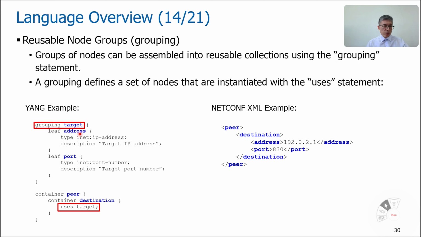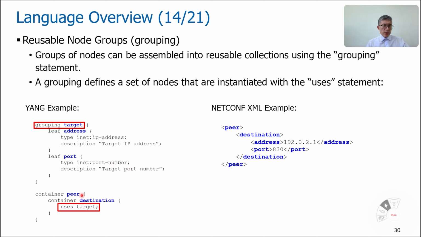Here, address is of type inet:ip-address. inet is a module, so we can use this one. And the actual leaf uses inet. Also, port number is a member variable here.